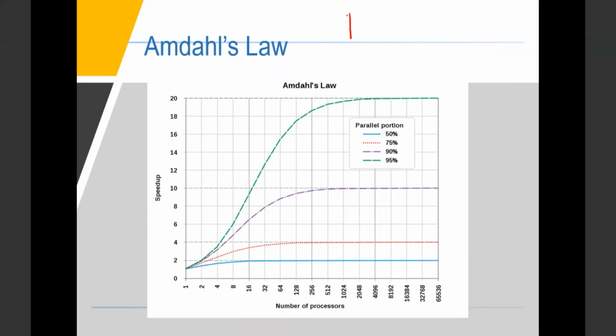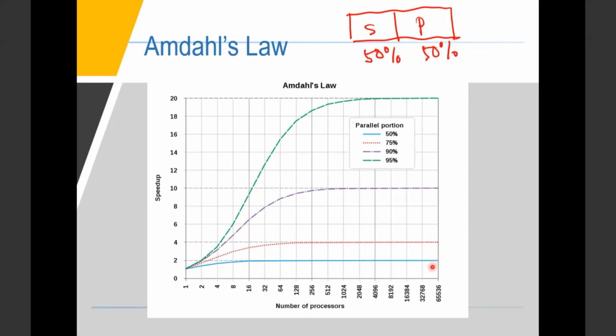Okay, so this is your program. When your P is 50% and your serial part, the non-parallelized part, is also 50%, the speed up is only up to 2 times.